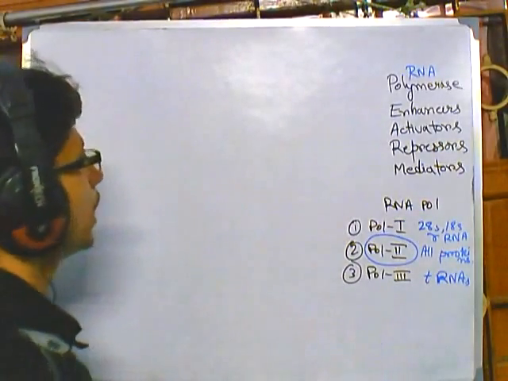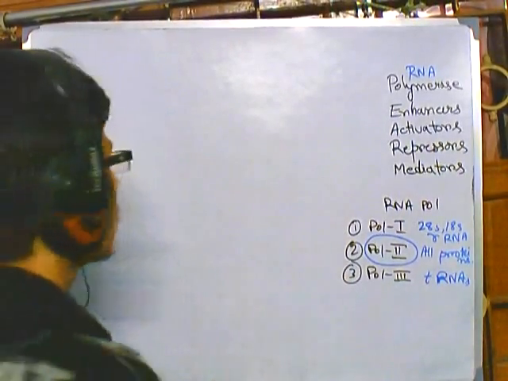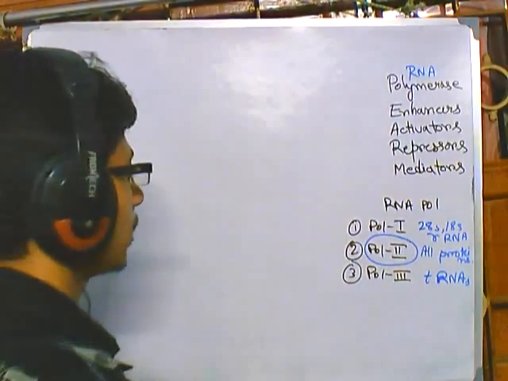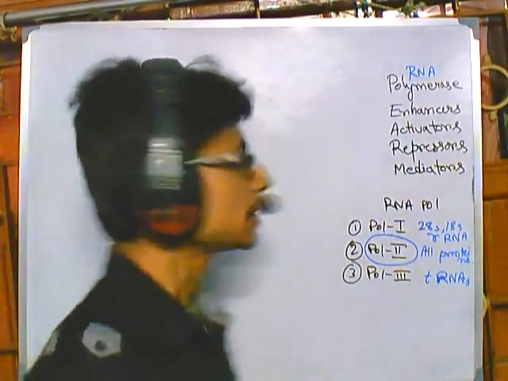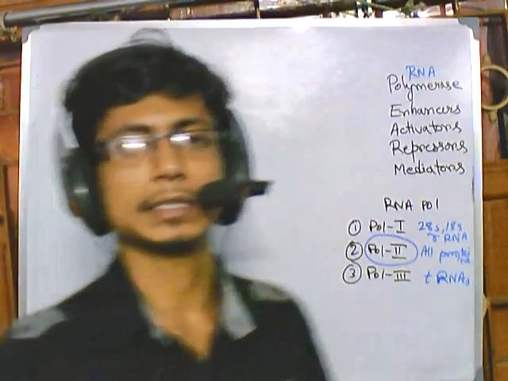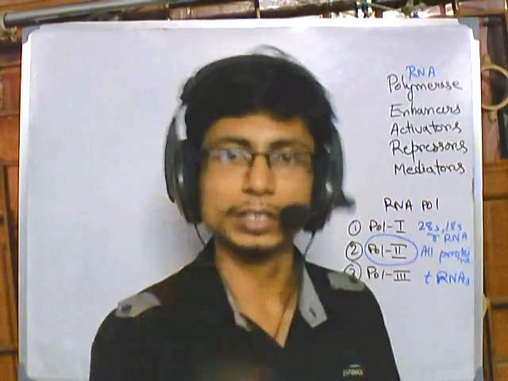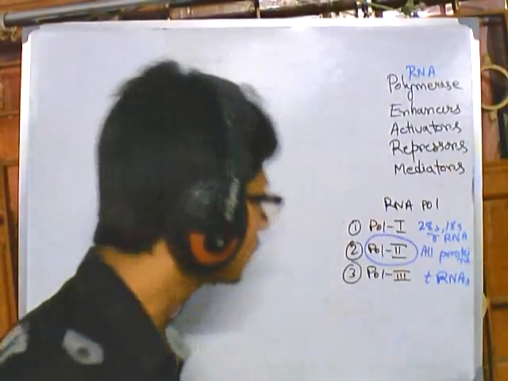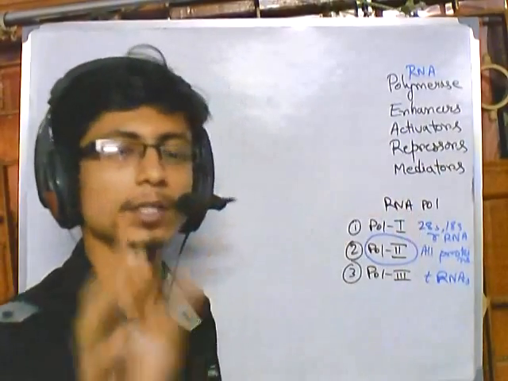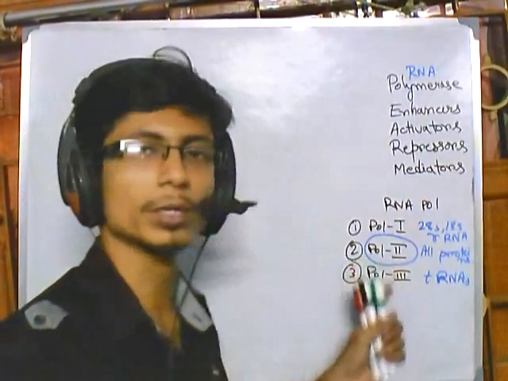so let's begin with polymerase I. Now RNA polymerase I, let me tell you something very important about this. RNA polymerase I is transcribing the DNA sequence, and the activity of RNA polymerase I is similar to the activity of Pol II and Pol III.